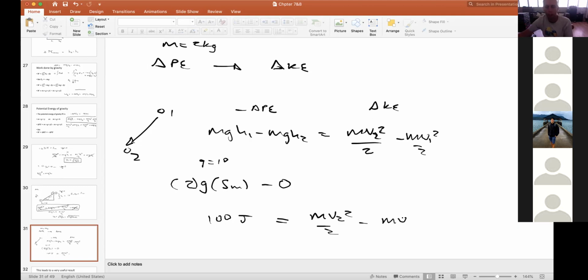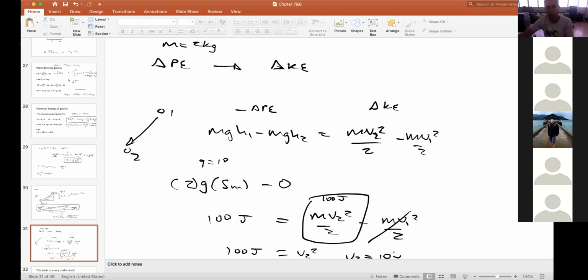We should have gotten an increase in kinetic energy since this was originally 0, so it should be 100 joules. We could find v2 really fast: m was 2, so this equals v2 squared. It's 100, take the square root, and v2 is 10 meters per second.